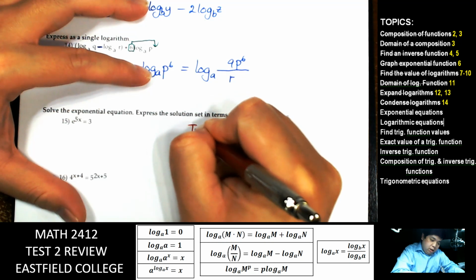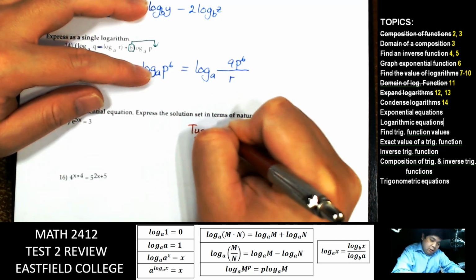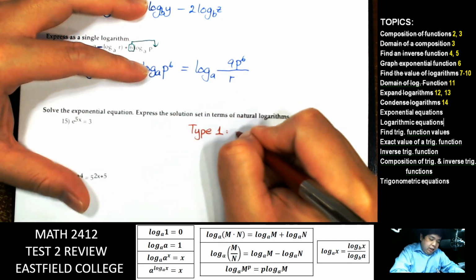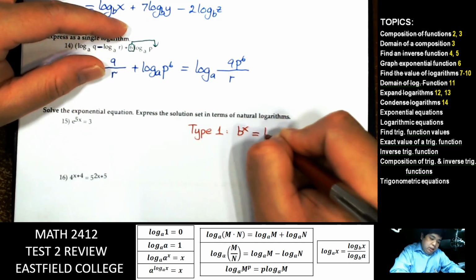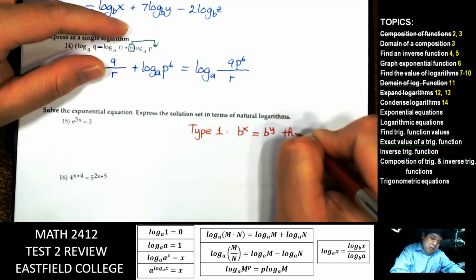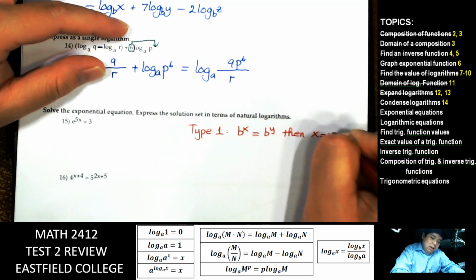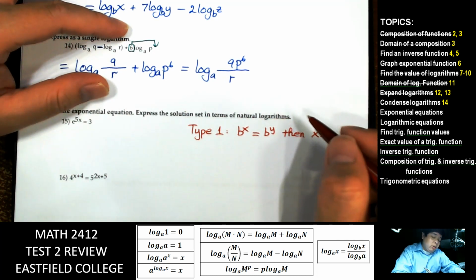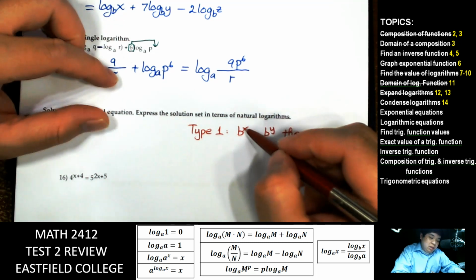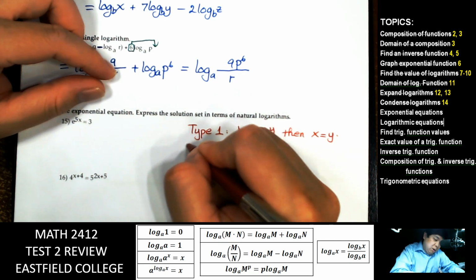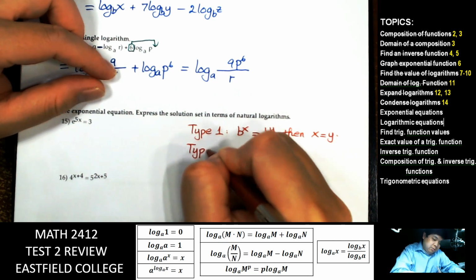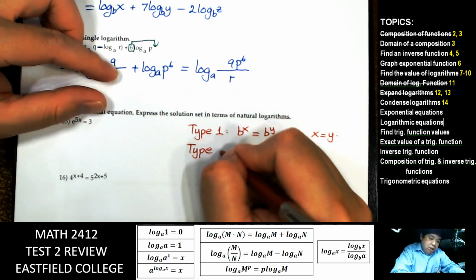So type 1. If we have b to the x equal to b to the y, then x equals y. Pretty much when the bases are equal, the exponent must be equal.